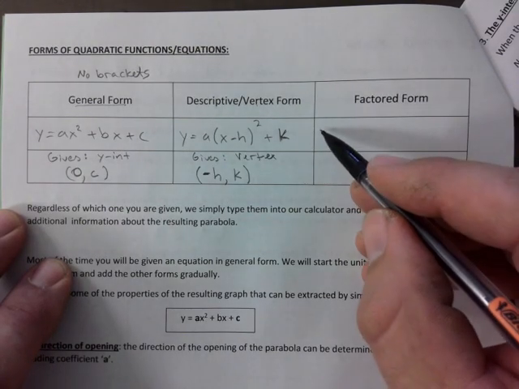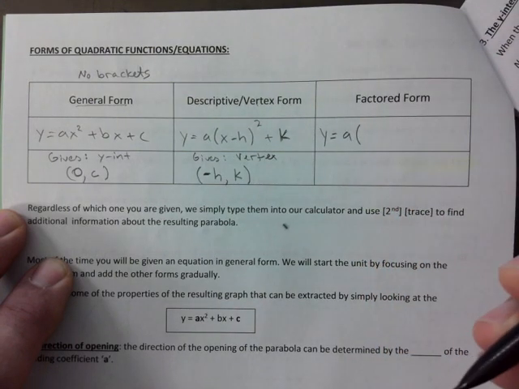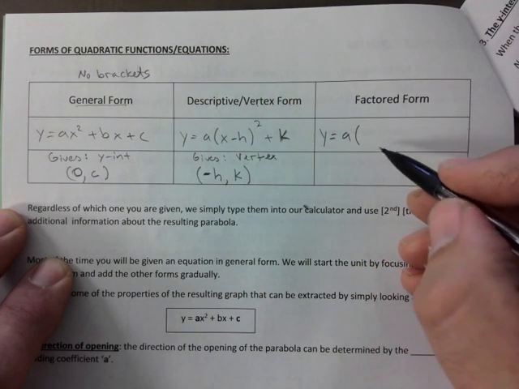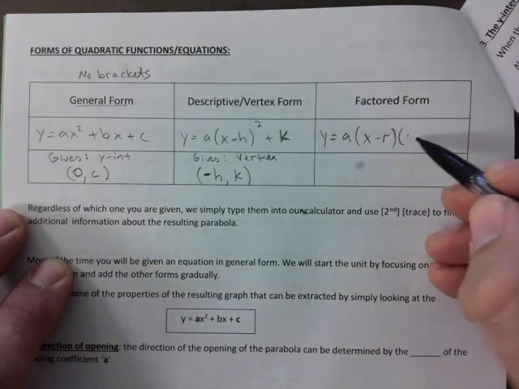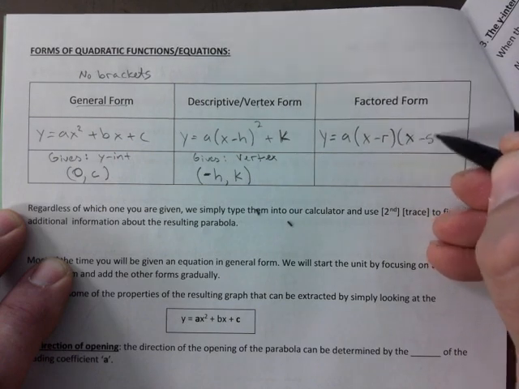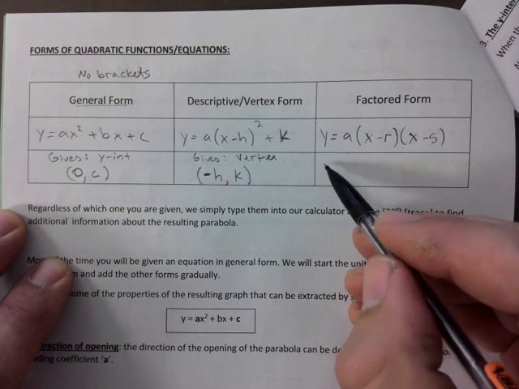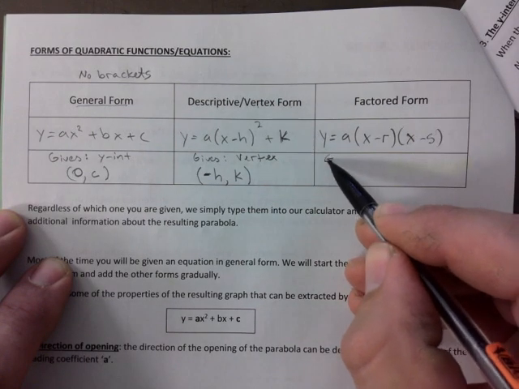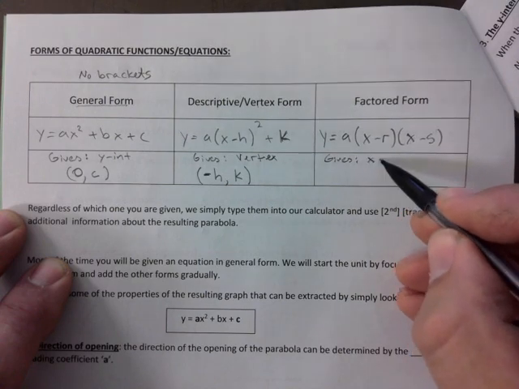Then you have the factored form. That's x minus r times x minus s. And so what does it give you? It gives the x-intercepts.